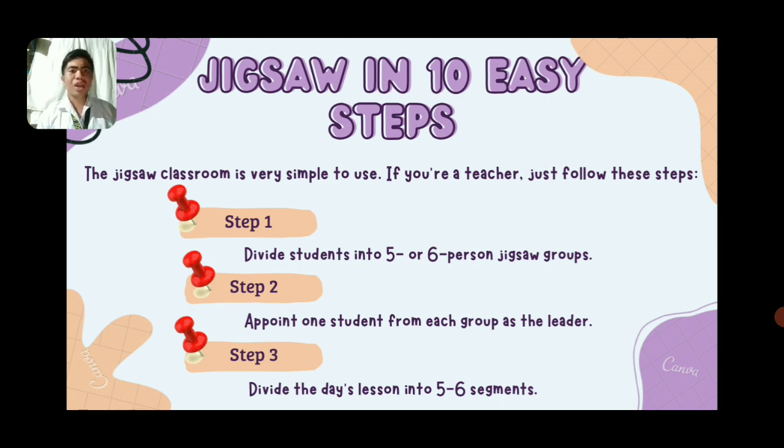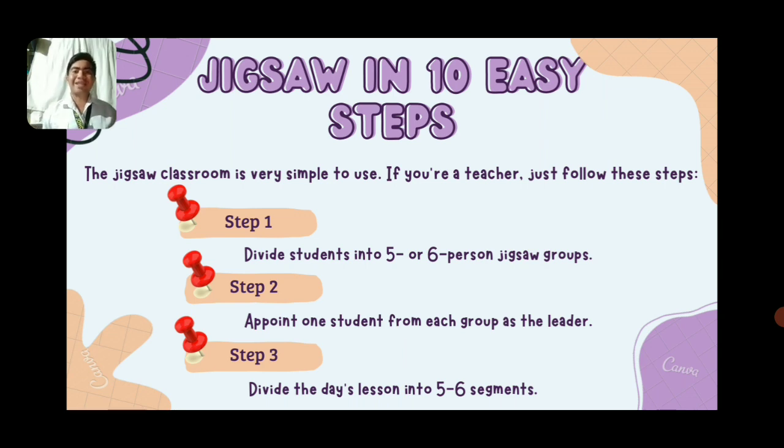Next, step 3, we divide the day's lesson into 5 to 6 segments. Why? Because we have 5 to 6 members in every group, therefore we divide the lesson into 5 to 6 segments.